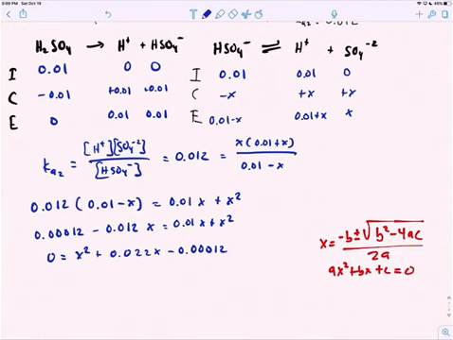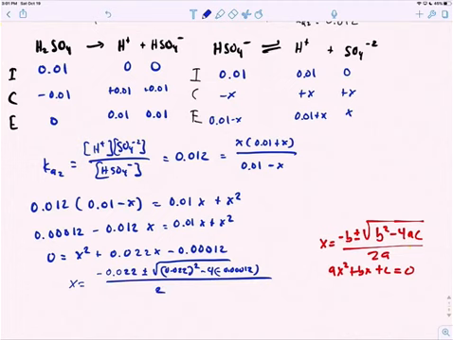And now you have to take this and put this into the quadratic equation, right? So you have the ax squared plus bx plus c equals 0. So that means that our x is negative b, negative 0.022, plus or minus the square root of b squared, 0.022 squared, minus 4 times a, which is 1, times c, minus 0.00012, all over 2a, which is 1.